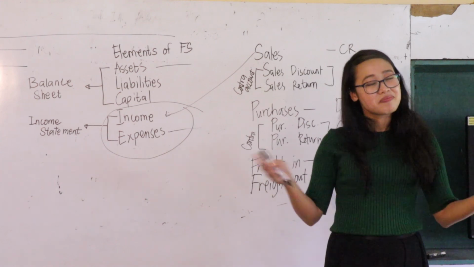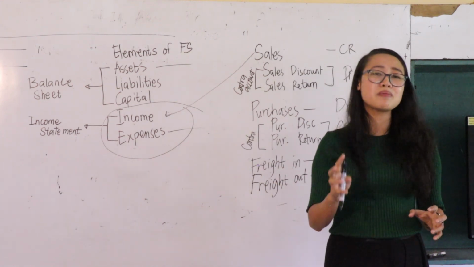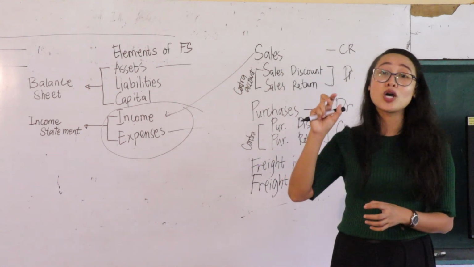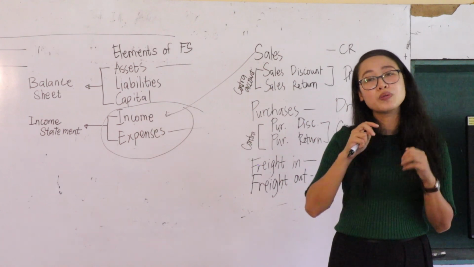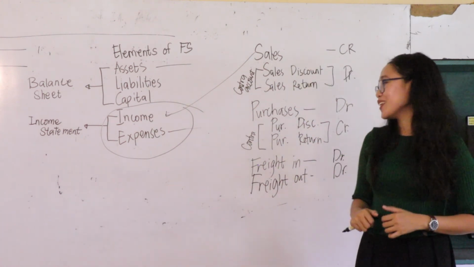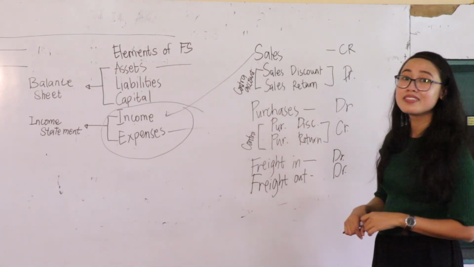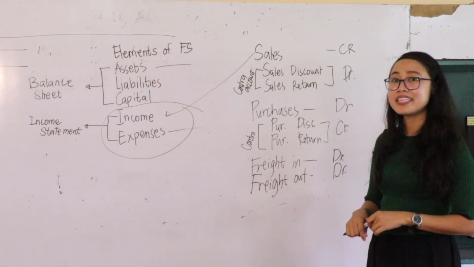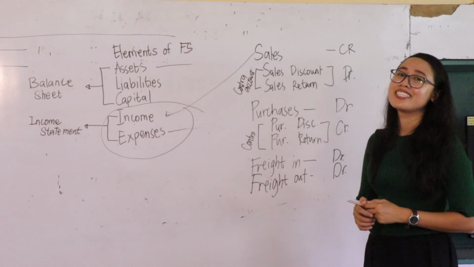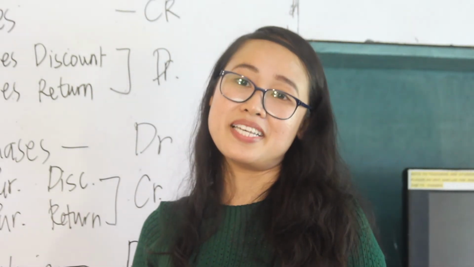So it's almost the same concept. They're both expenses with the same normal balance, but they are different because freight in will be part of the cost of sales, while freight out will be part of the operating expenses. Freight in is cost of sales, and freight out is operating expenses.